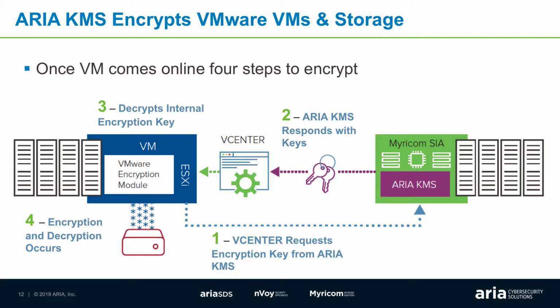That key is then used to decrypt an internal encryption key, which is used to enable the encryption and decryption of the VM itself and/or its associated storage without any guest OS intervention or knowledge. And ARIA can provide these keys at a rate of thousands per minute, allowing scaling as the enterprise needs to grow, or as finer granularity of encrypted data is adopted.